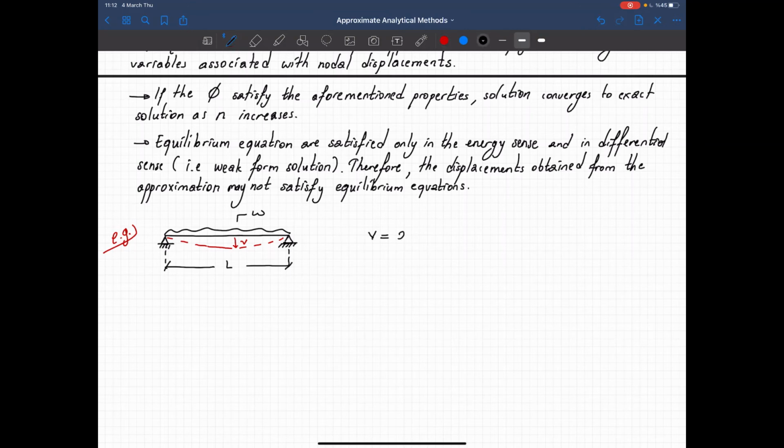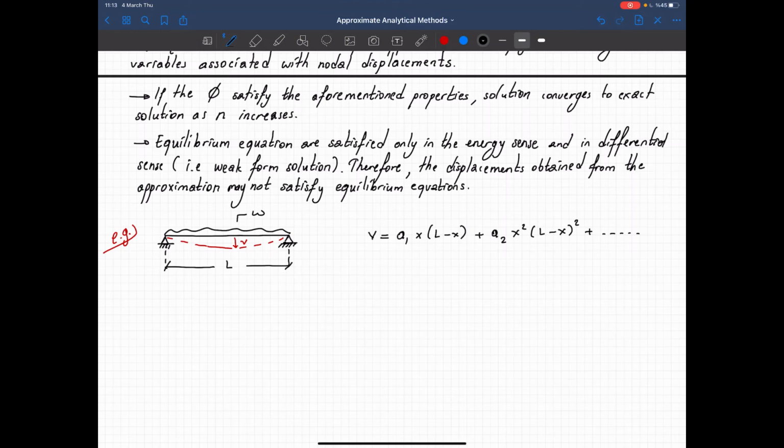So I have A1 x (L minus x). The reason of writing this as follows is, as x is equal to 0, v is equal to 0, at x is equal to L, v is equal to 0. Okay, so this one satisfies the essential boundary conditions, and also it's a continuous function. So we satisfy all the requirements of a trial function. And this can continue. A2 x squared (L minus x) squared, and you can increase the parameters.